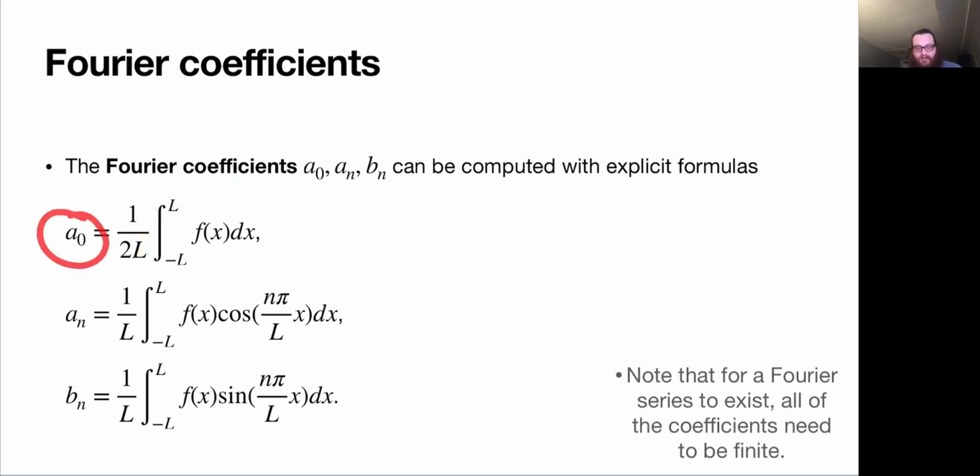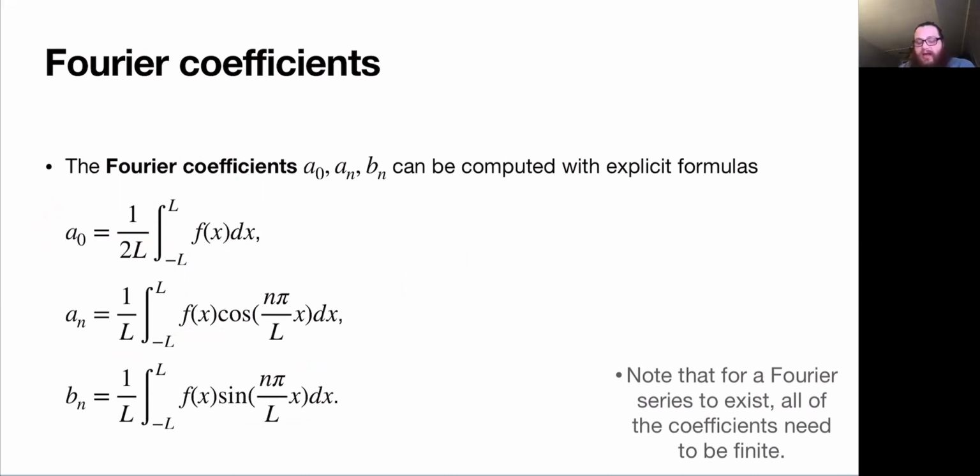And then the other pieces are going to be 1 over half the length of the interval times the integral of the function times cosine or sine. Okay, so we have explicit formulas to compute these coefficients.